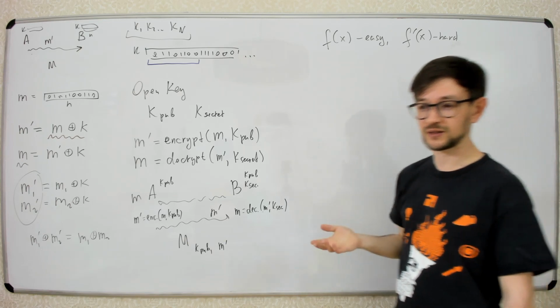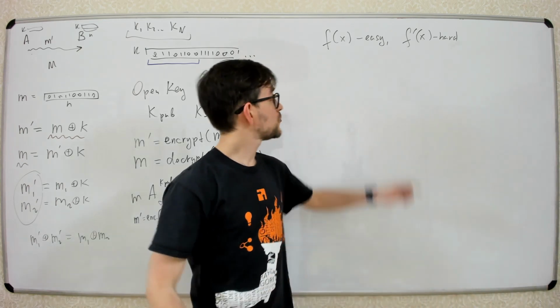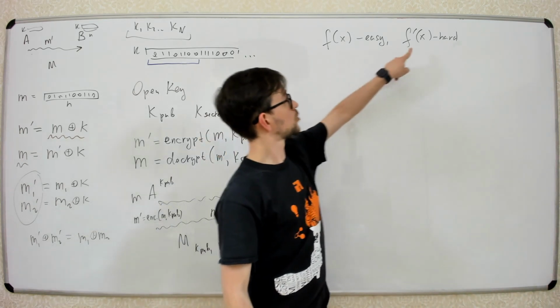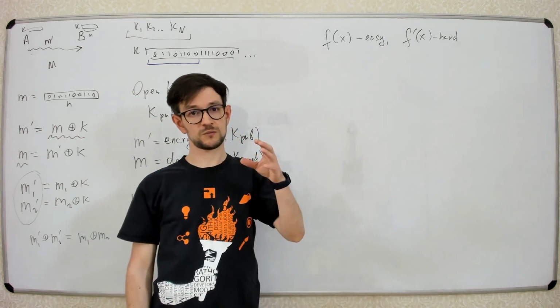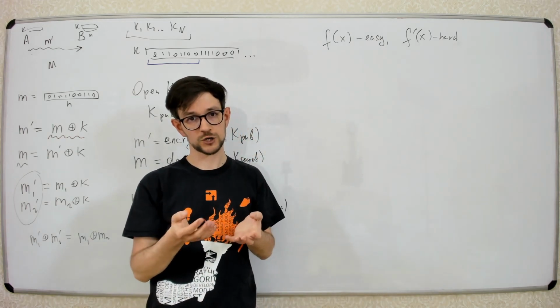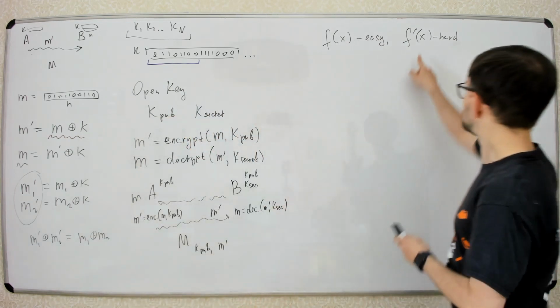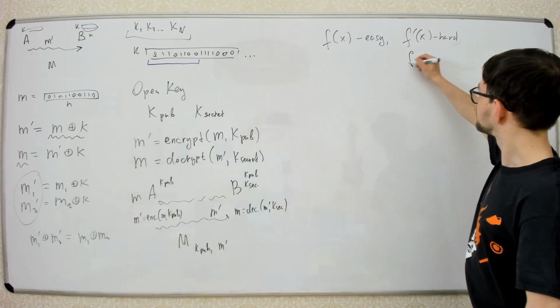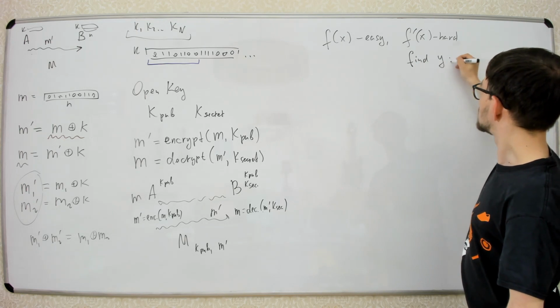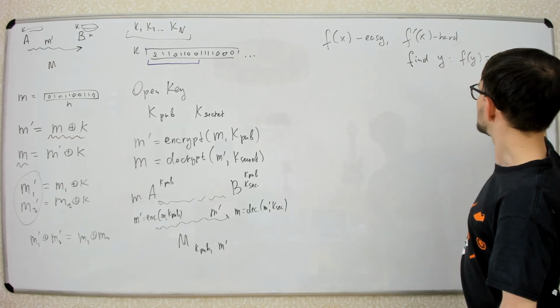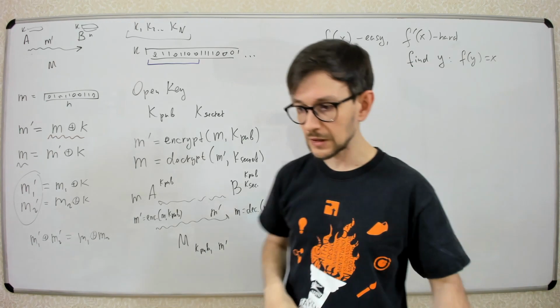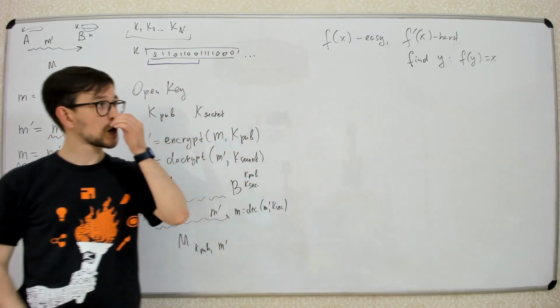but it's impossible, right? If you can calculate a function, you can always calculate the inverse function. You can just check all possible arguments of your function and find the argument which matches. So again, what you want to do here is find y such that f of y equals x. This is what inverse function means.